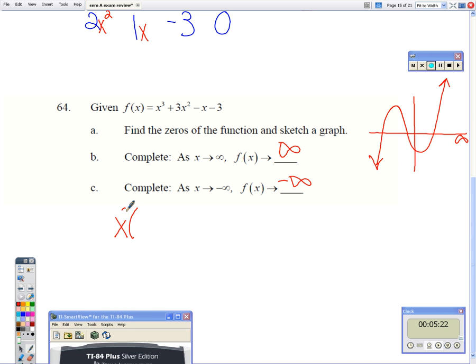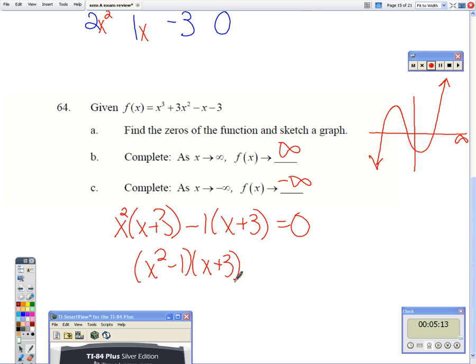So I can factor out an x squared and a negative 1. So I've got x squared minus 1 times x plus 3 is 0. So each piece equals 0.